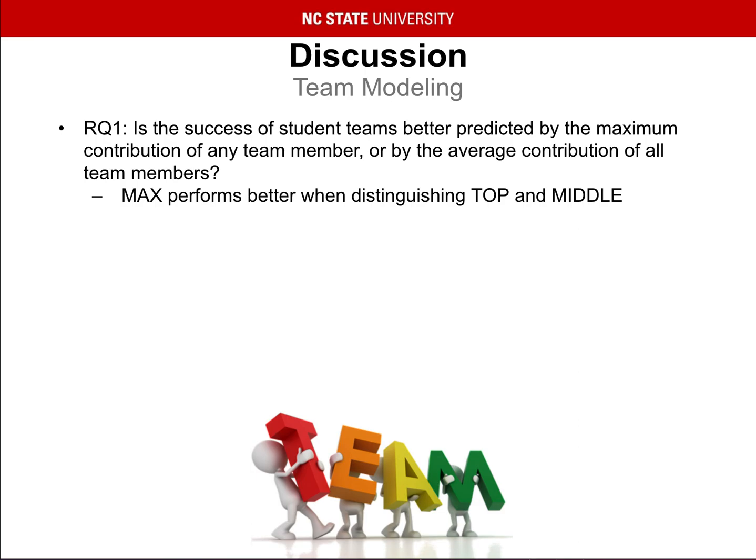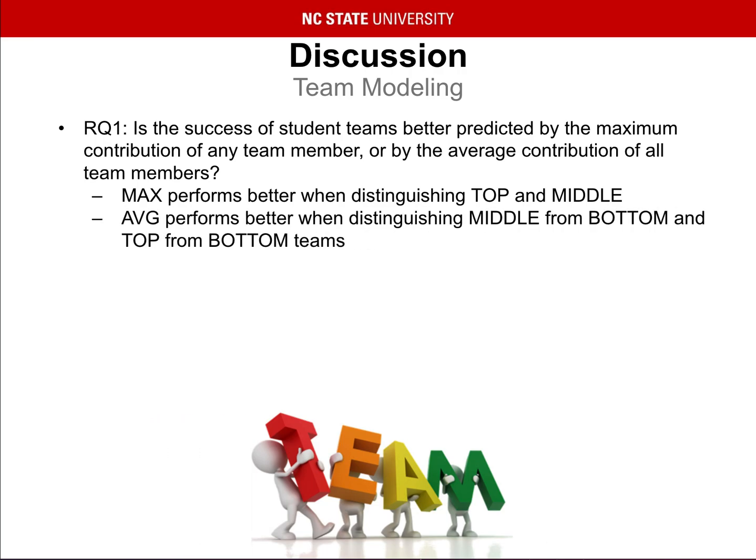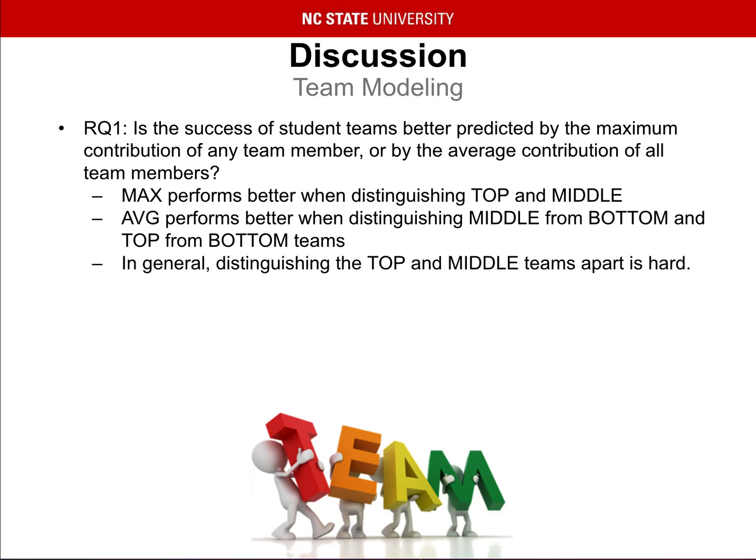When we try to distinguish the top team from the middle teams, maximum works better. When we try to distinguish the middle from the bottom and the top from the bottom, the average gives us a better prediction power. In general, distinguishing the top and the middle teams apart is hard.